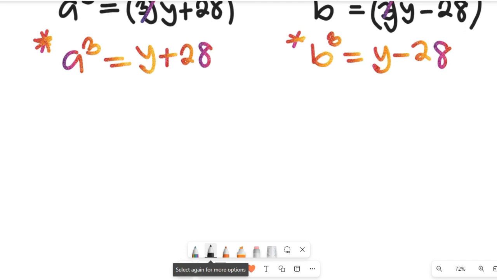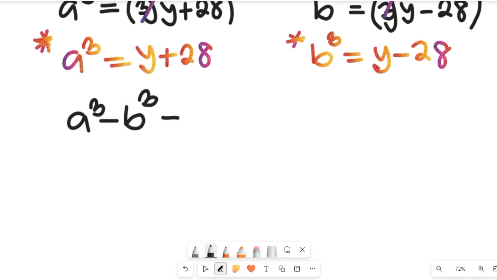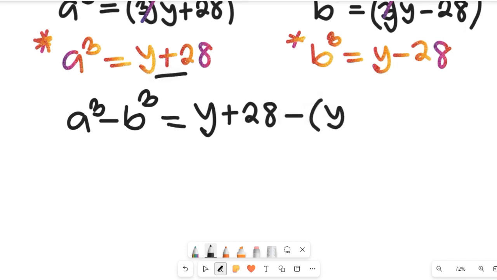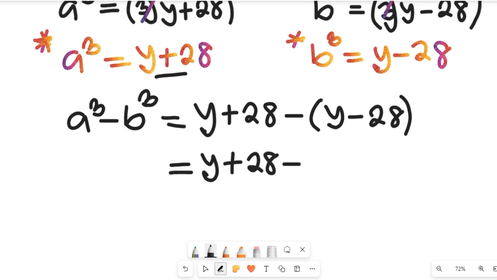I'll have a to the power of 3 minus b to the power of 3, and this will be equal to y plus 28, which is a, minus y minus 28, which is b. So that means a to the power of 3 minus b to the power of 3 will be equal to y plus 28 minus y plus 28. So what would that give me?